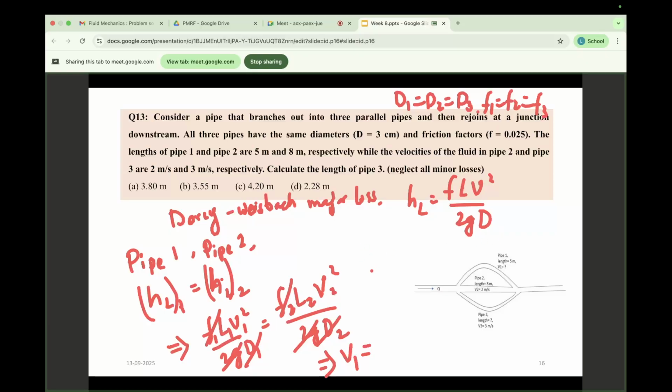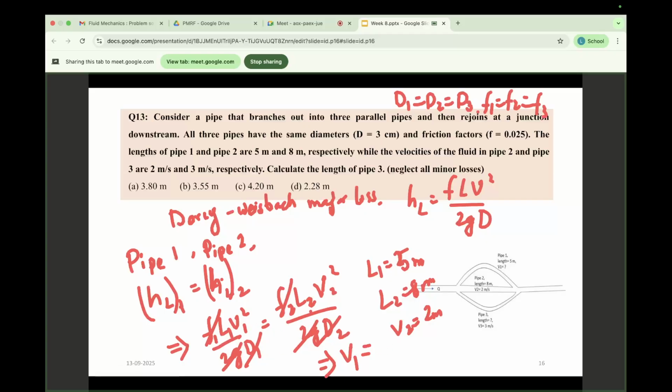Because what is given in this question: L1 is 5 meter, L2 is 8 meter and V2 is 2 meter per second. If you put down these things, you will get a certain value.